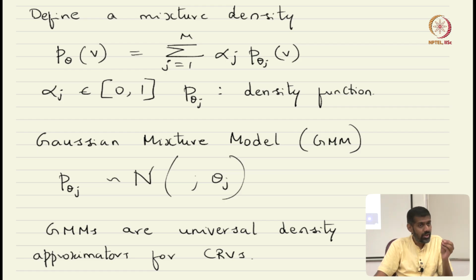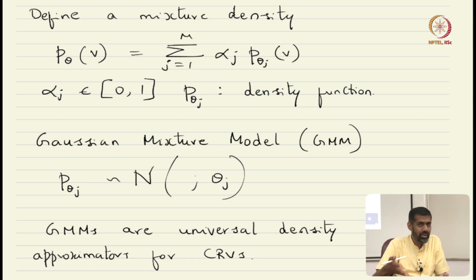All I'm saying is you can always find a GMM that explains your data in the sense of minimizing KL divergence. There might be a mixture model which can minimize the KL divergence even more than for that particular case. Possible. See, but practically what do we do? The question is, why do we choose GMMs?